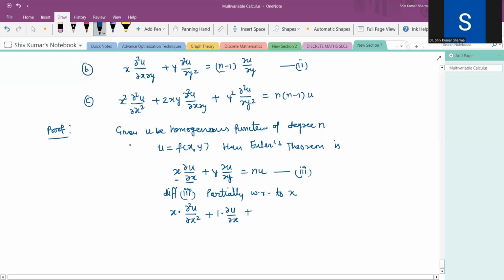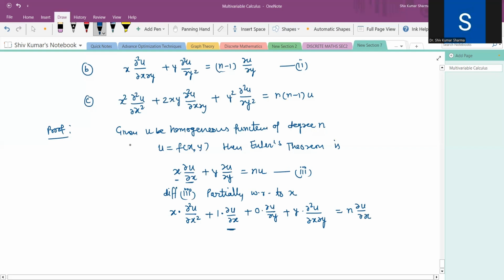Plus y is a constant term. When we differentiate partially with respect to x, y is treated as a constant, so its derivative is 0, and we write y ∂²u/∂x∂y, equal to n times the differentiation of u with respect to x, ∂u/∂x.